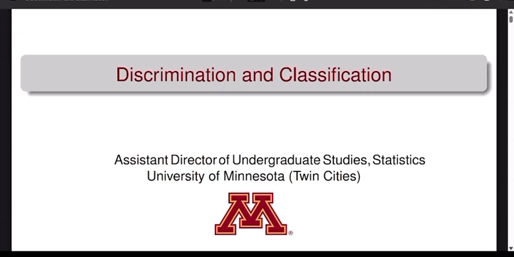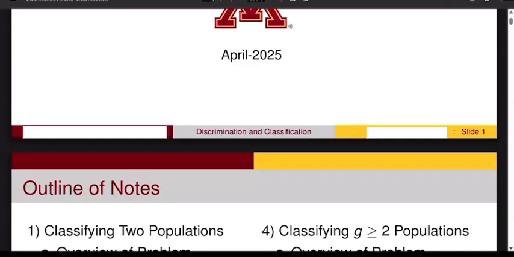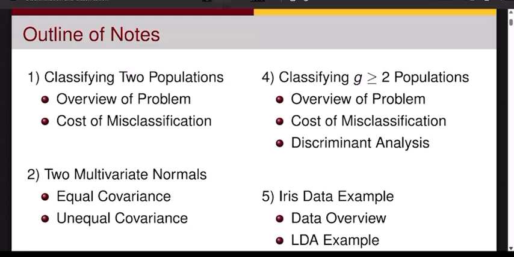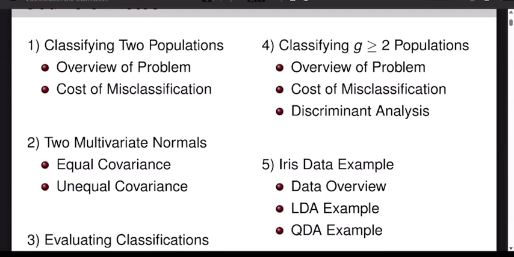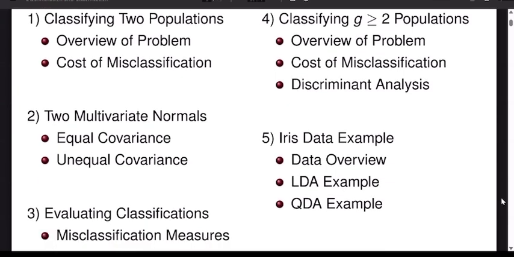So today, like I said, we're starting a new topic, and this is called discrimination and classification. I think I will be able to achieve the first three, and Friday will be dedicated to 4 and 5. So, one, we're actually going to learn how we classify two populations.